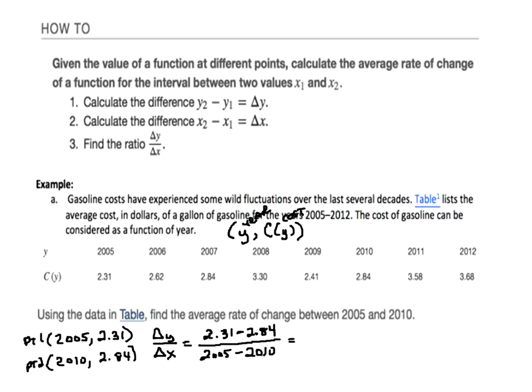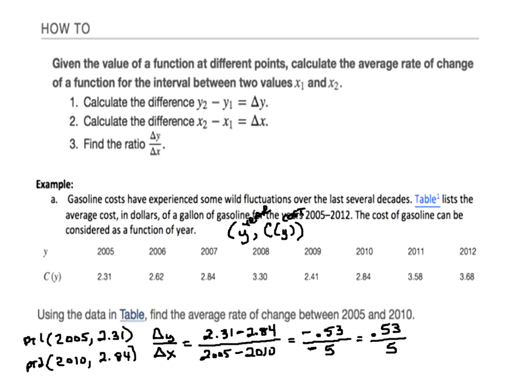Okay, and then I go to my handy-dandy calculator because I am terrible at doing decimals in my head. 2.31 minus 2.84 gives me negative 0.53. And 2005 minus 2010 is negative 5. A negative divided by a negative is positive. So I can just change this to 0.53 over 5.